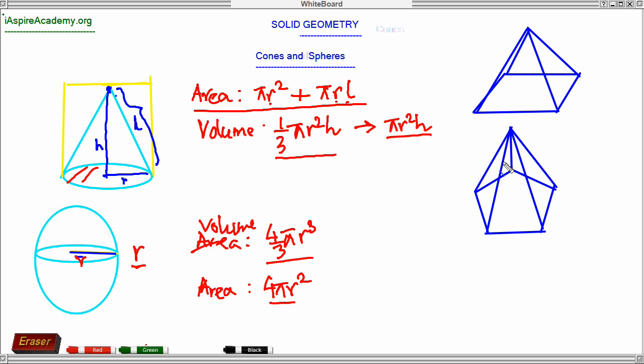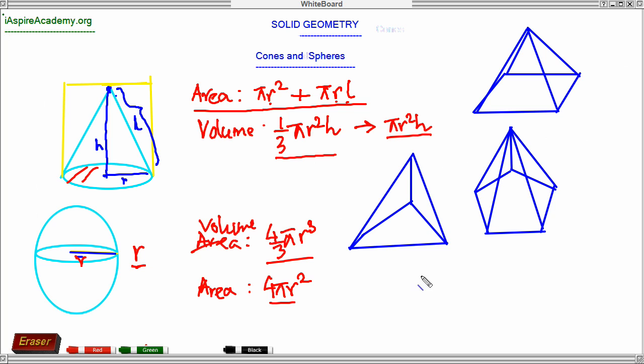I think you get the picture. The base could even be a triangle. So the base has to be a polygon. A triangular pyramid would look something like this. So these are the different pyramids.